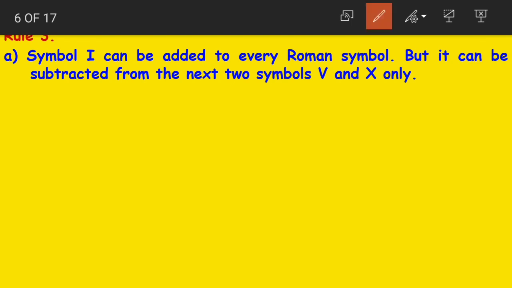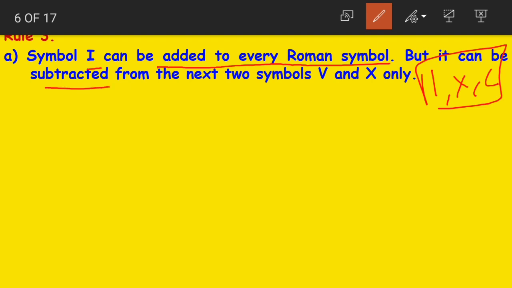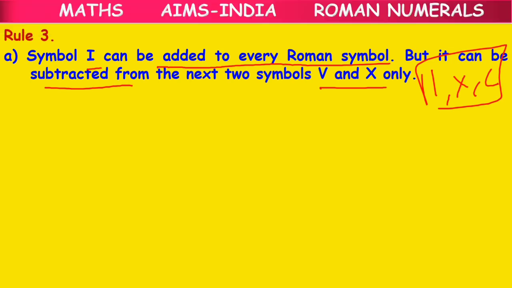Now, what we learned is that I, X and C can be both added and subtracted, right? So what they are saying here is that I can be added to every Roman numeral, but it can be subtracted only from the next two symbols V and X. Remember this.